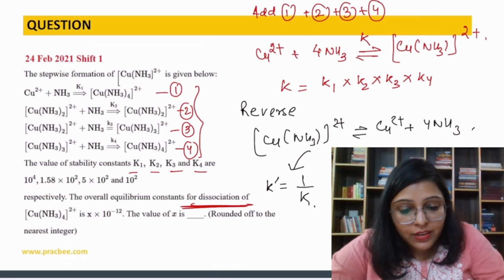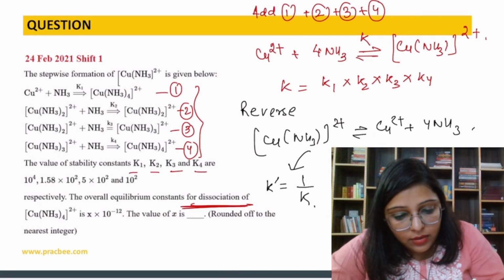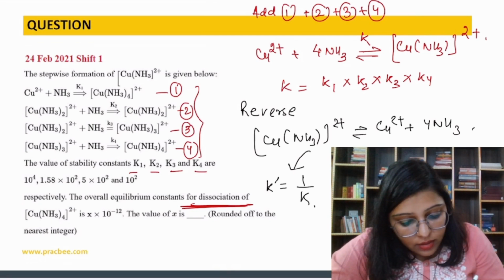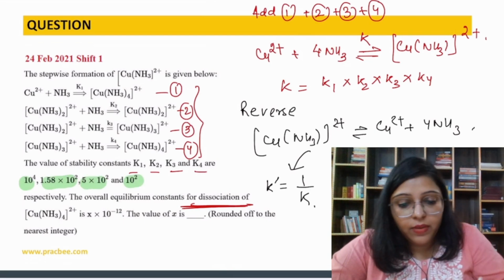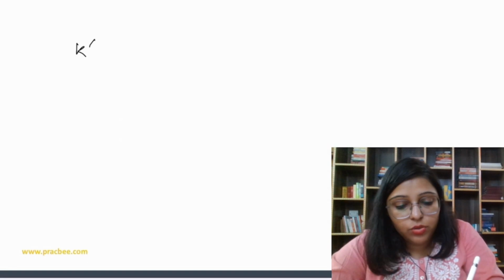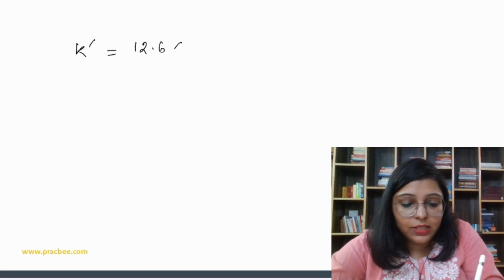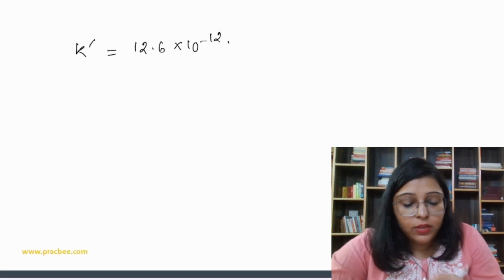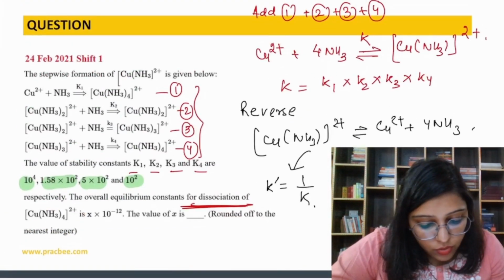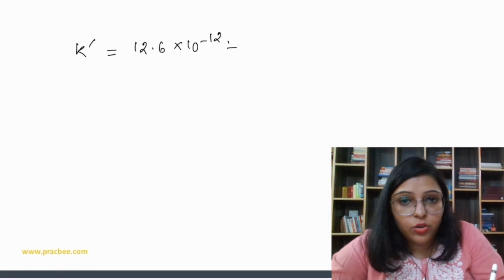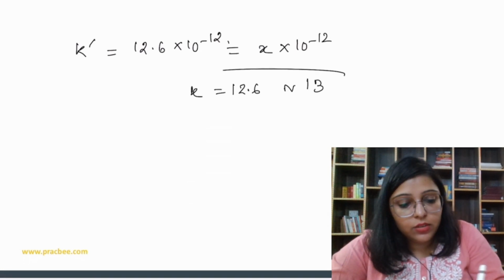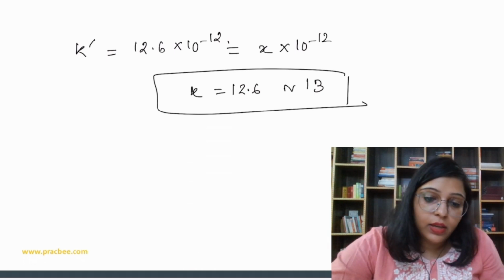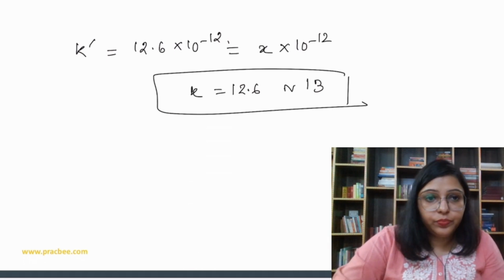The values of K1, K2, K3 and K4 are given to you. When you solve this completely, you get 12.6 into 10 to the power minus 12. So the value of x, you have to compare with x into 10 to the power minus 12. So the value of x is 12.6, and in the nearest integer it is going to be 13.